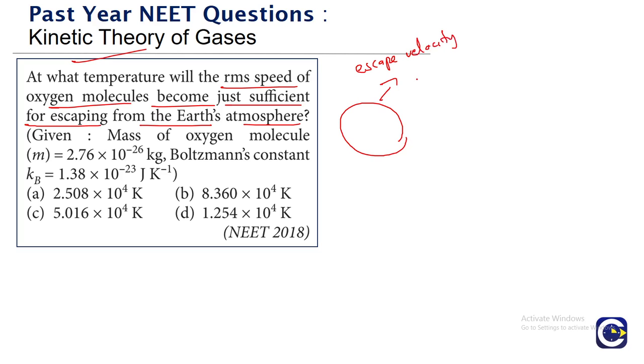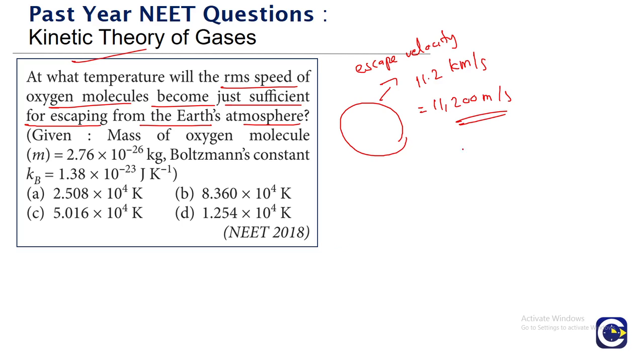The escape velocity from the surface of the Earth is nearly 11.2 km per second, or 11,200 meter per second. So the RMS speed of the oxygen molecules should be equal to 11,200 meter per second.